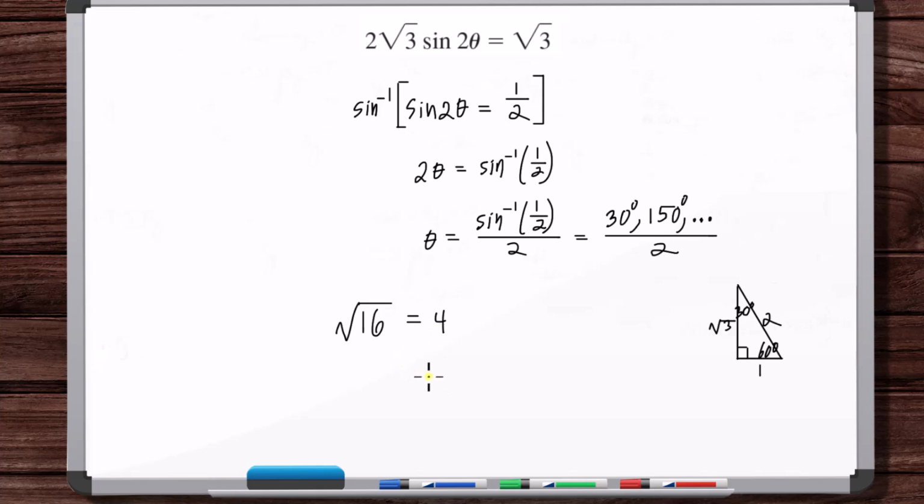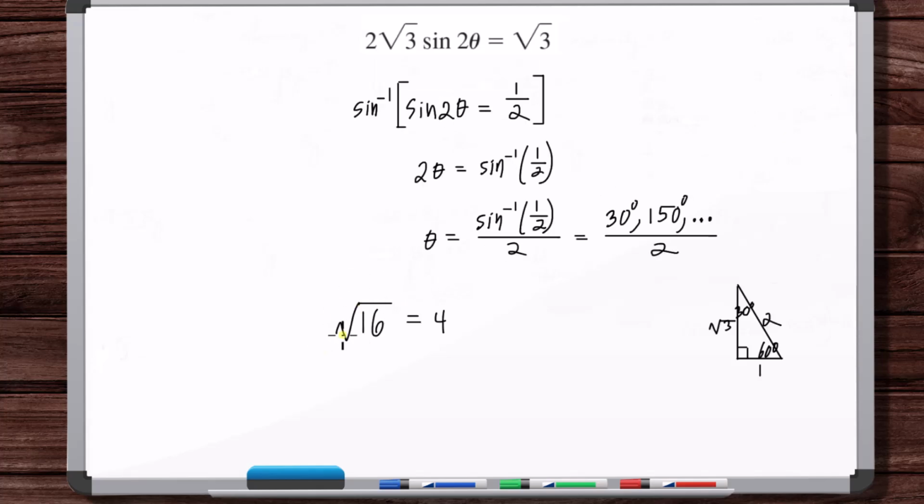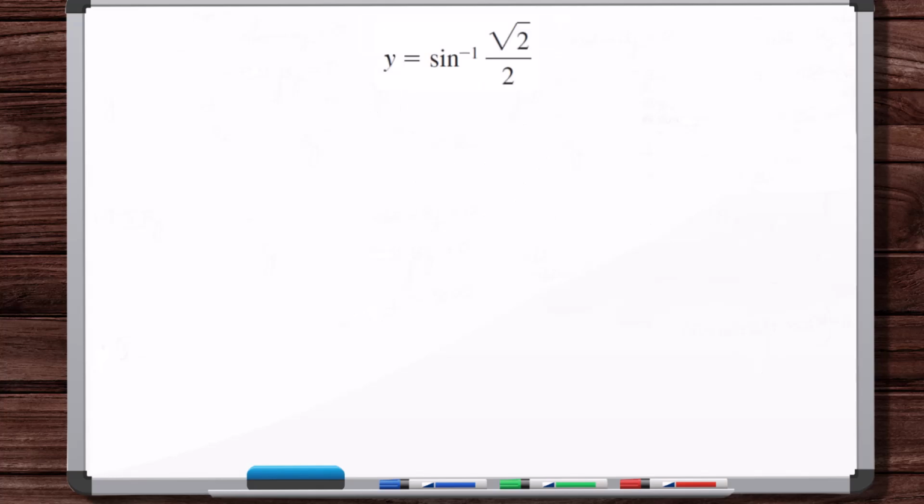In that context, in the same way, if you're just given something like this, we worked problems like this in section 1. Well, it's the same as with the principal root of 16. There's only one correct answer here, because this is the inverse sine function.